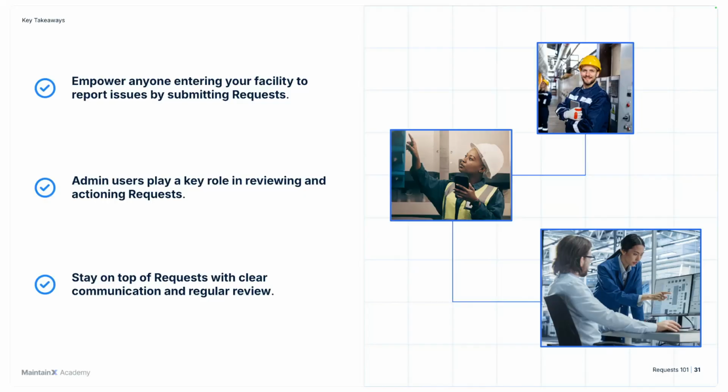That means checking for urgency, adding any missing details, and either converting the request into a work order or declining it with context. And finally, please, please, please stay on top of your incoming requests by keeping your communication clear and reviewing regularly. So use those comments to keep requesters informed and use those reports to track trends over time so that nothing slips through the cracks.